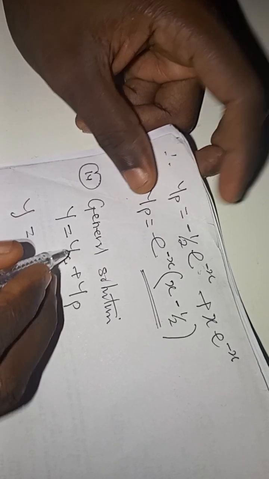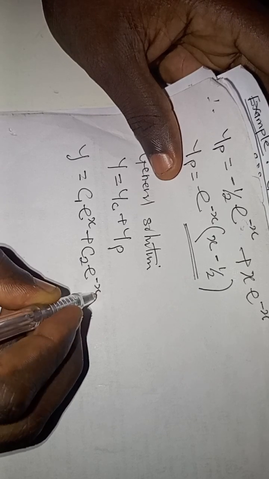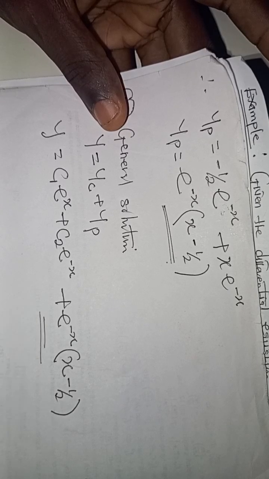We already know the expression for yc, which we've gotten: yc is c1 exponential x plus c2 exponential minus x. Then plus yp, so we'll have plus exponential minus x, x minus 1 over 2. Right, so this becomes the general solution of the expression.